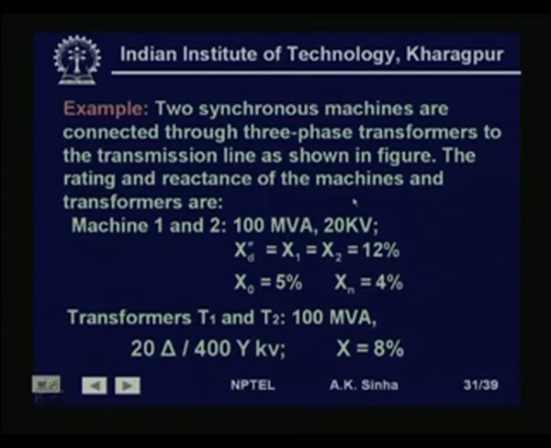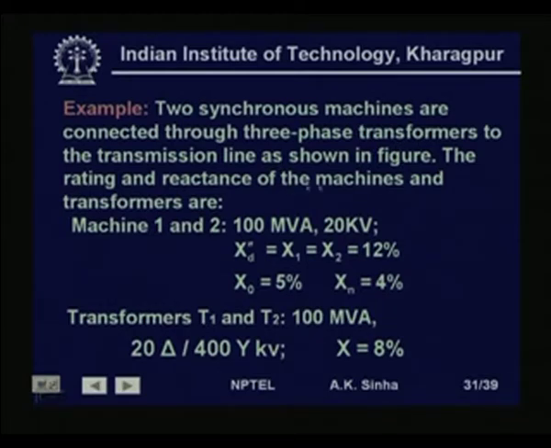Now we will take up a small example to see how we can build the Z bus matrix for any power system. Again we are taking an example of 2 synchronous machines connected through 3-phase transformers to a transmission line, as shown in the figure.